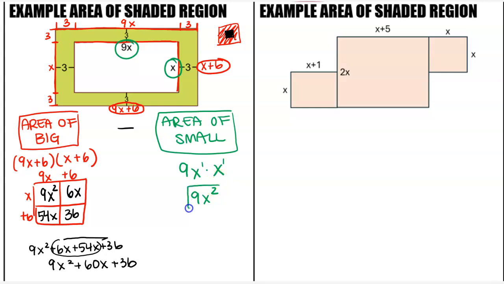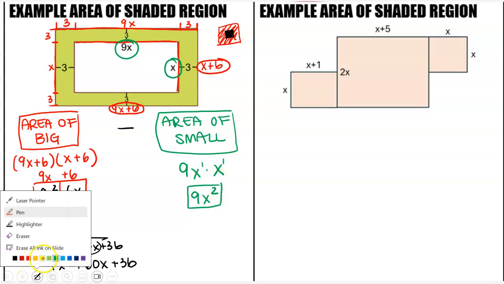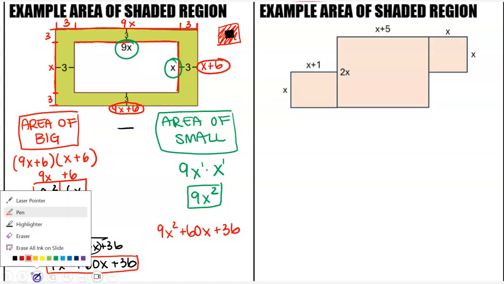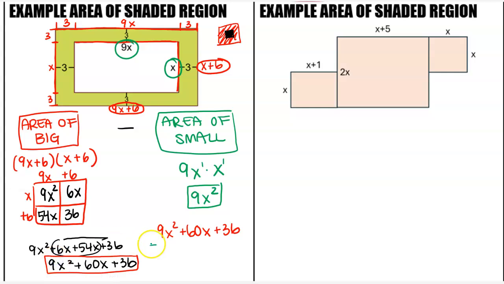Now to find the area of the shaded region only, I'm going to take my big rectangle area, 9x squared plus 60x plus 36, and subtract my small rectangle. I'm going to subtract going vertically.